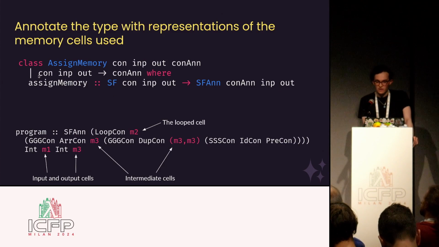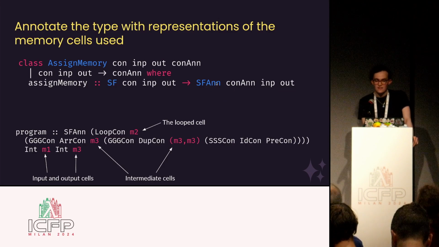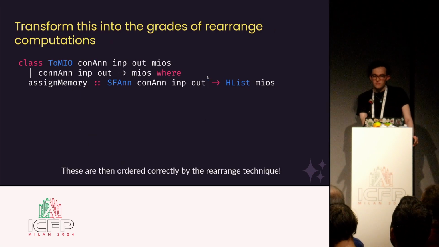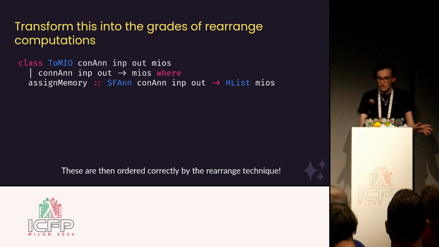Also, this is fully inferred, because we have a functional dependency here, which means that if we have the type of the input SF, which we do because it's fully inferred, we can get this annotated type. Then we transform this annotated type into the grades of those computations we showed earlier.